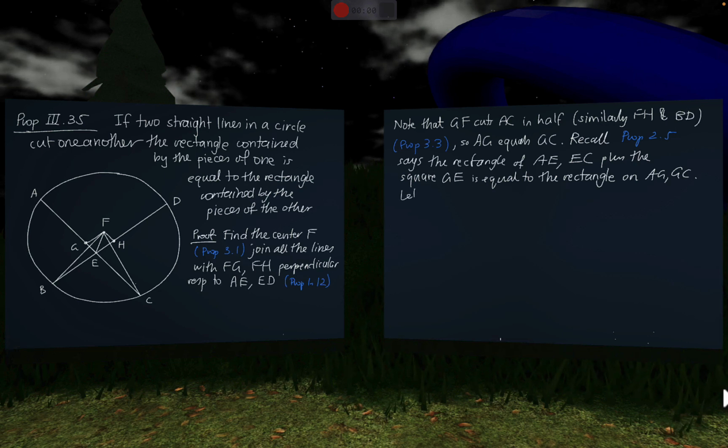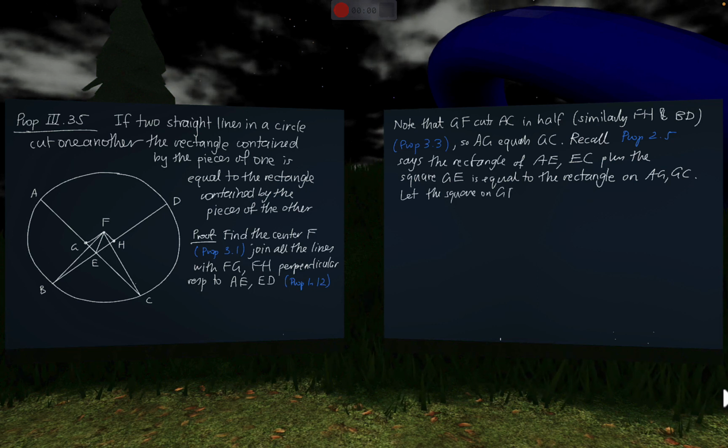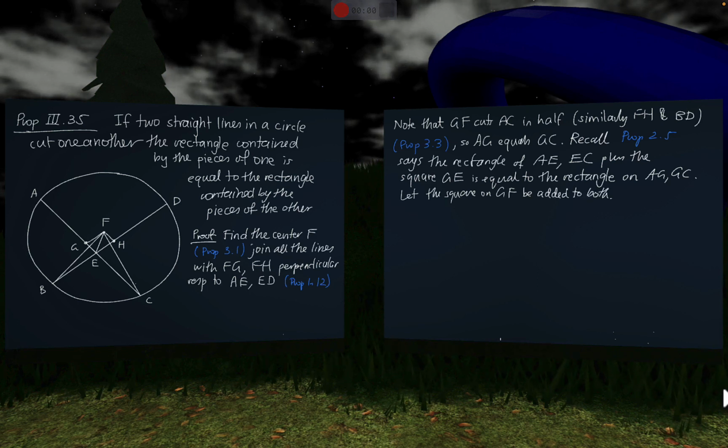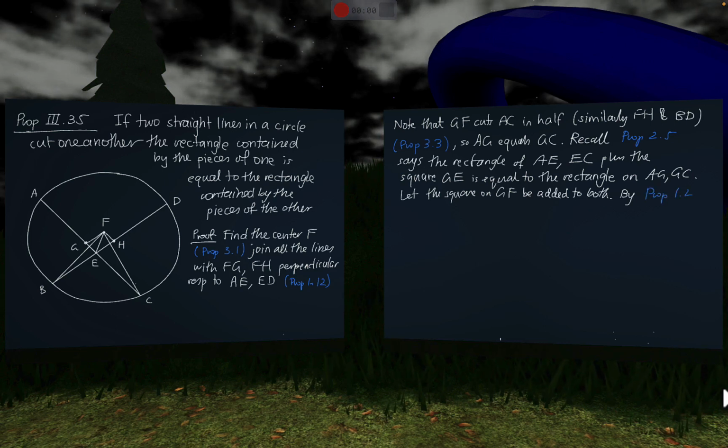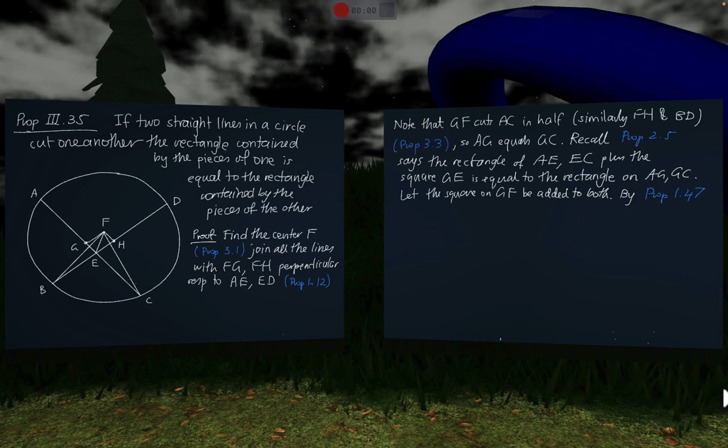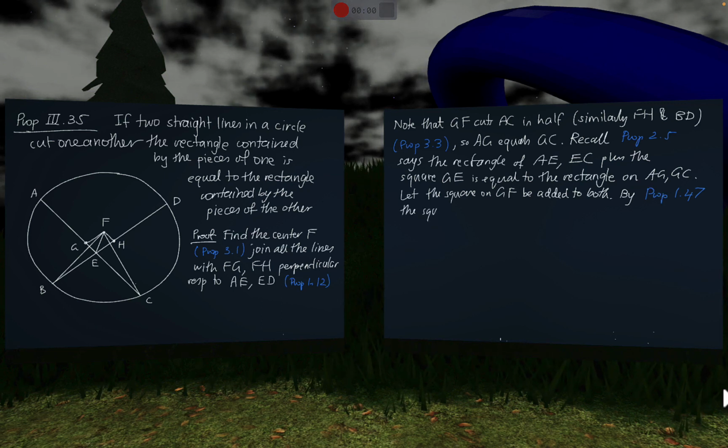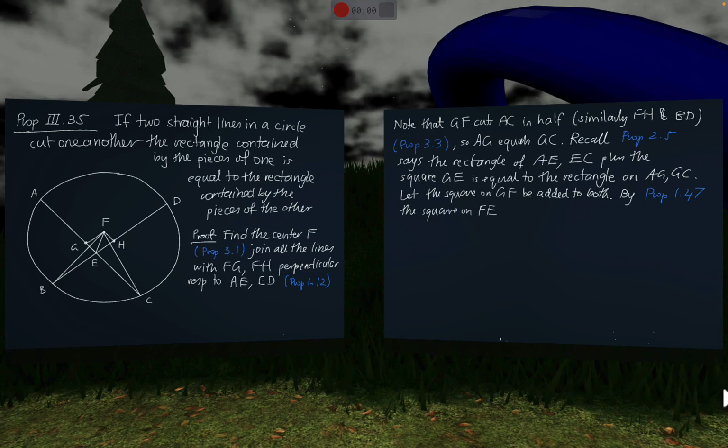So let the square on GF be added to both. Well, by Pythagoras, which is the end of book 1, 47, adding the square of GF to the square on GE is the square on FE, right? The square on FE is equal to the sum of those two squares, and that was added to the rectangle on AEC.